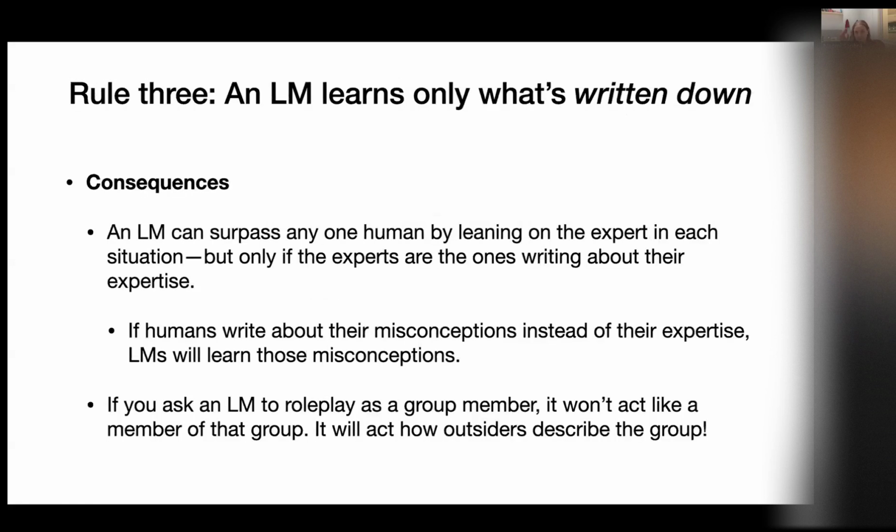So the rule here is that a language model is only going to learn what's actually written down, right? A language model can surpass, like we were saying, any one human by leaning on experts, but only if the experts are actually writing about their expertise.